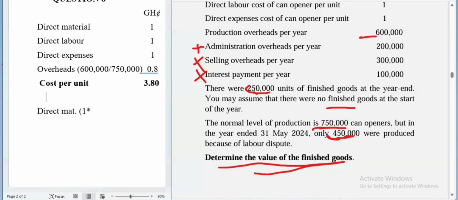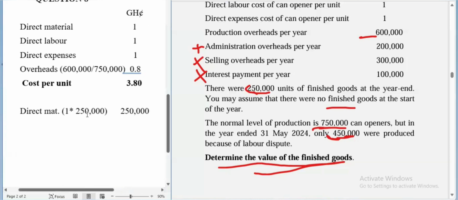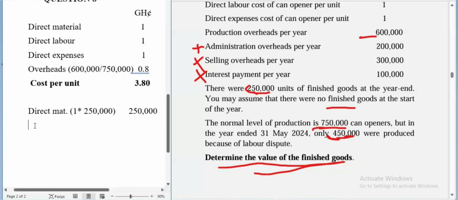So let's multiply by 250,000 and see what we get as the answer: 250,000. Then the next one is our direct labor. It's the same: 1 cedi times 250.